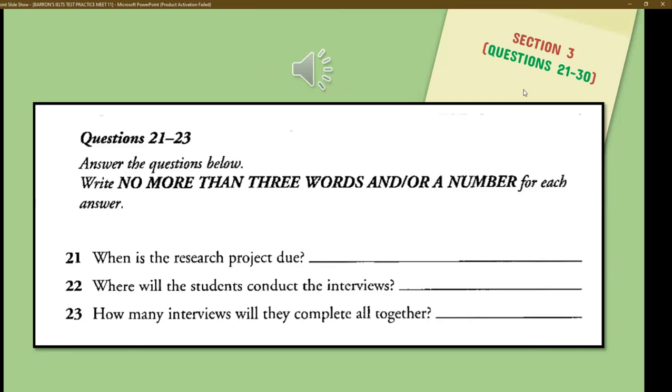Section 3. You will hear a conversation between two students planning a research project. First, you have some time to look at questions 21 to 23 on page 86.